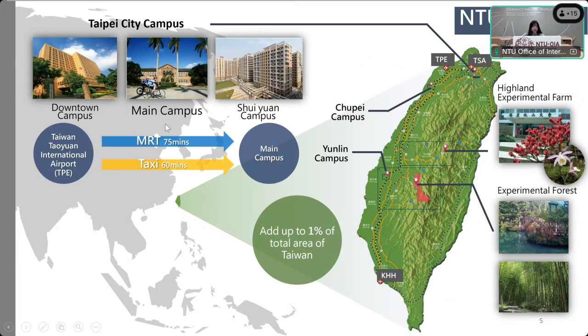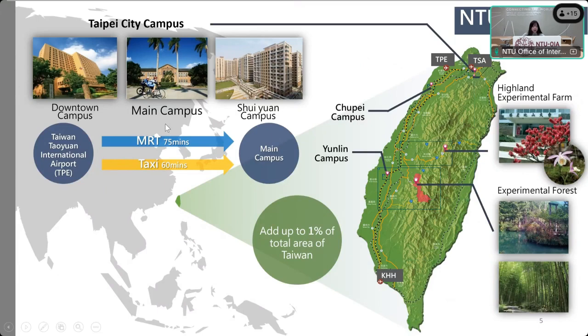And there's a famous research site situated in the mountains. It's the experimental farm and forest. If your major is related to bioresources, agriculture, animal science, etc., you will go to the farm to do internships. All of these campuses actually add up to 1% of the total area of Taiwan. So our students enjoy a lot of different resources and have a lot of space to go around.